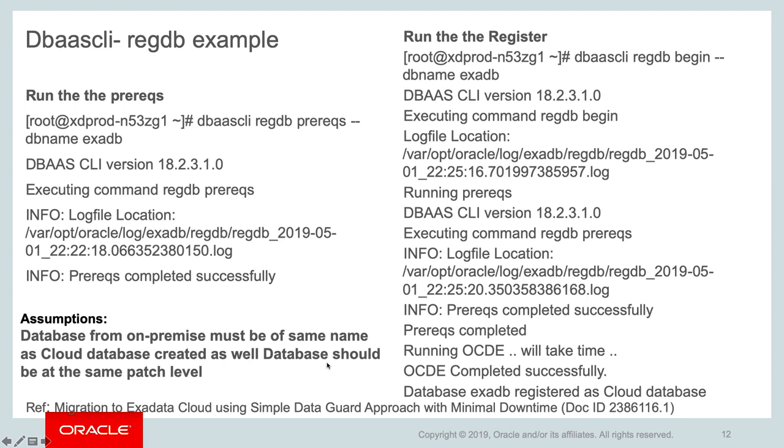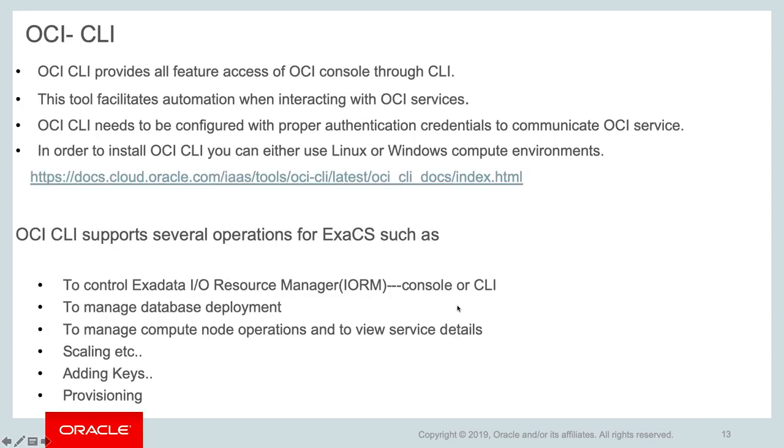For more detail on this command, you can look at one of the MOS notes, which is migration to Exadata Cloud using the simple Data Guard approach with minimal downtime. There you'll be able to see how the resdb command is used for a manual database to get onto an Exadata cloud system. Now we'll switch to the OCI command line.